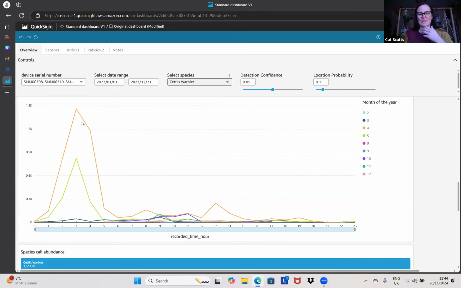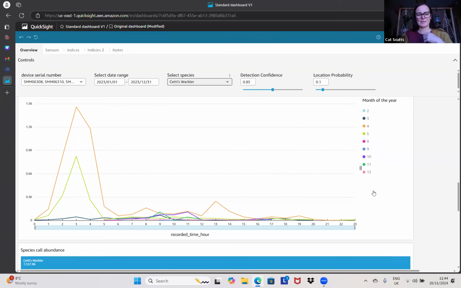And then if we go down to across the whole of the year and which months it is, we can tell that that's over April and May. They're being really, really active. As Ella mentioned, this is something she started to pick up. It's something we started to pick up at a few different sites.